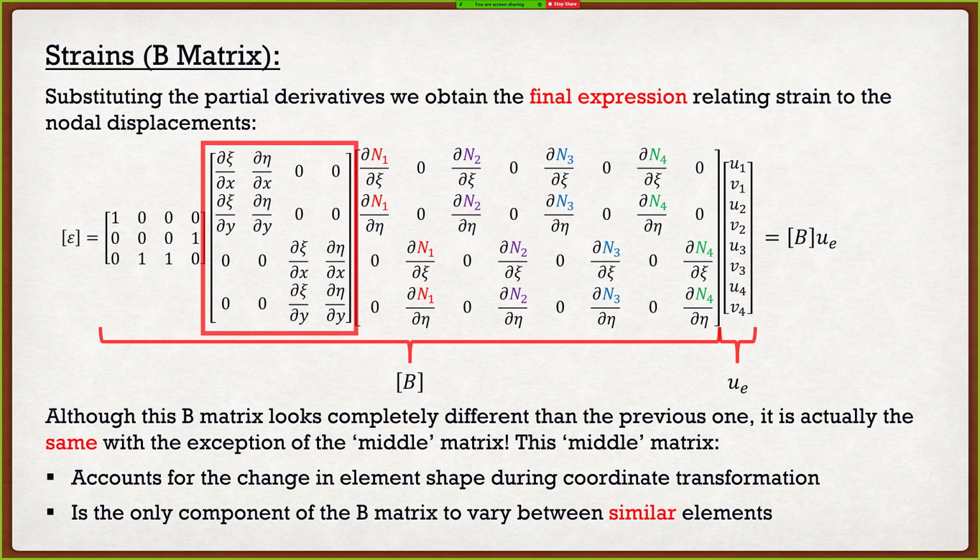Now, if I were to switch to an 8-node element, so a quadratic quadrilateral element, still not fun to say, will that first matrix of 1s change? What do you guys think? If I were to switch to an 8-node element, will that matrix of 1s change?